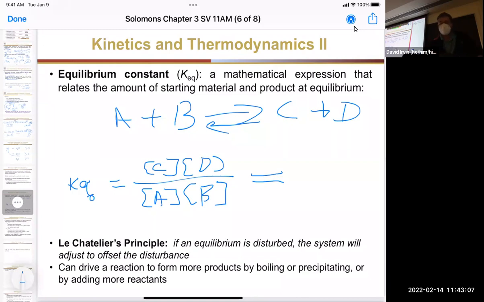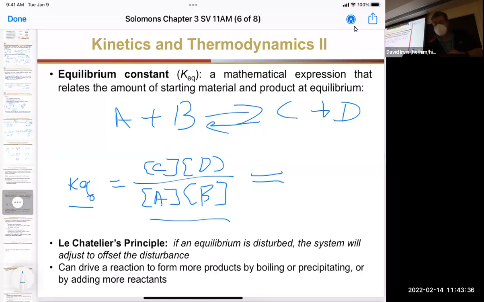Let's say your reaction got to an equilibrium, and you had 100 parts A and 100 parts B, and you want to change that equilibrium. All you have to do is either add more A or add more B, and that's going to shift the equation. So we can change the equilibrium by adding more or less of things.